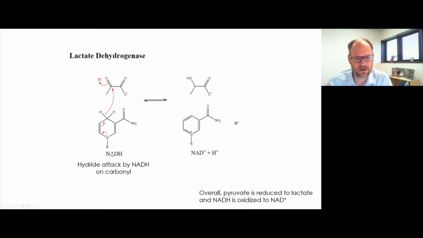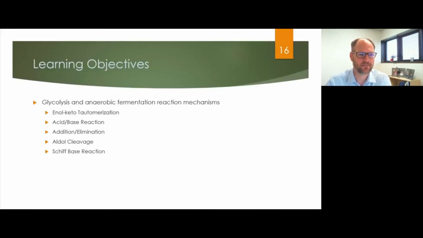The way that works, if you don't have an electron transport chain, is that the enzyme can undergo a reaction where the nitrogen electrons resonate out, ultimately allowing a hydride to leave the NADH molecule, attack the pyruvate, and reduce it into lactate. So that gives you an oxidized NAD and a reduced lactate as an overall product.